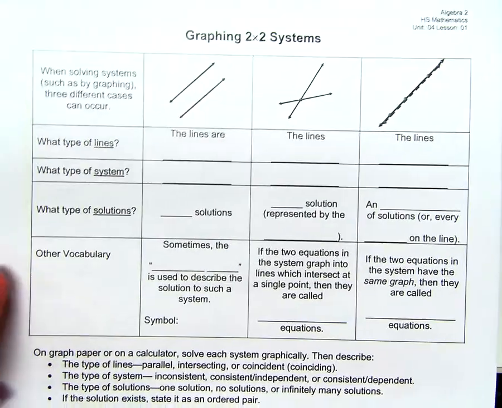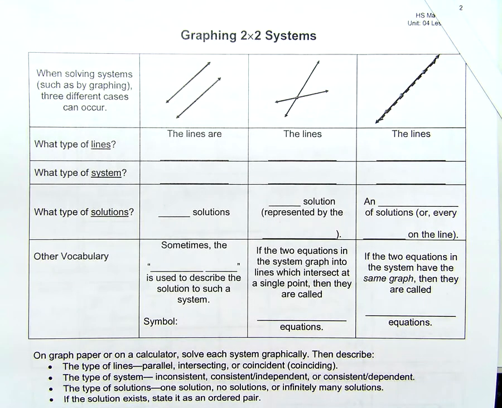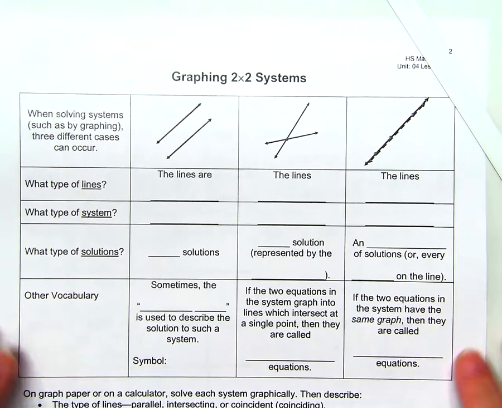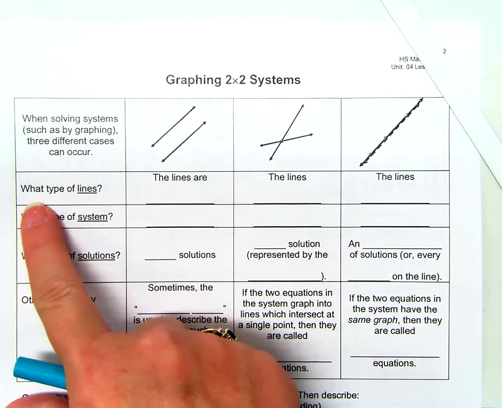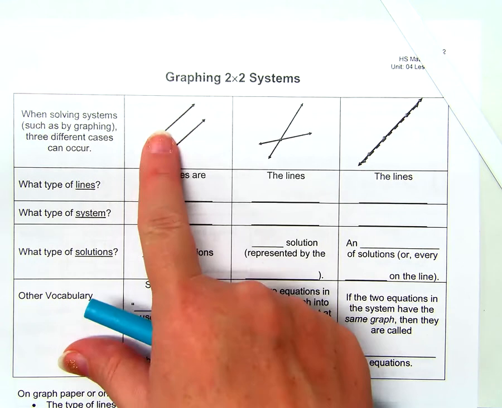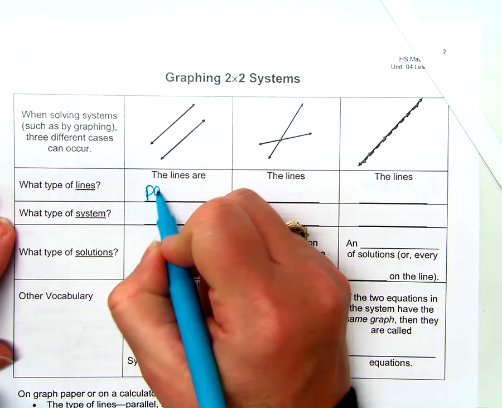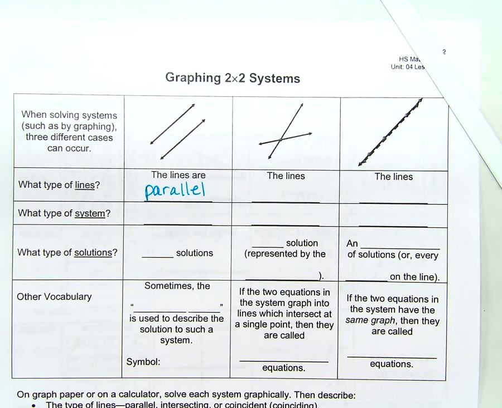We have a table that we need to fill in right here on page 4. It's a pretty important table. What type of lines are these? They are parallel lines. I got to teach you some new vocabulary.